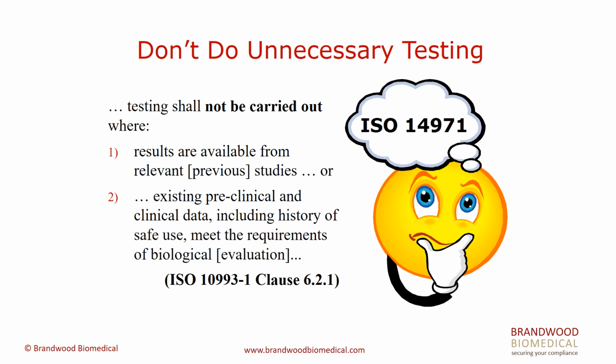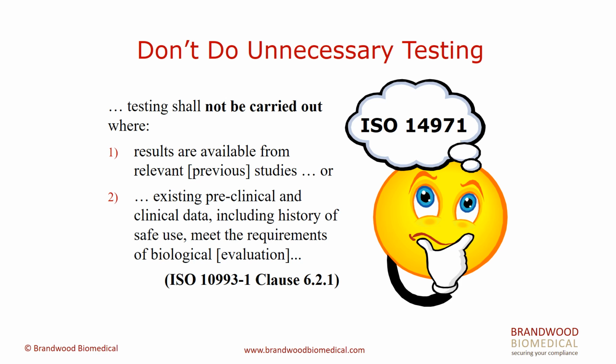The ISO standard Part 1 actually says testing shall not be carried out where you've got results from previous studies or there are existing preclinical or clinical data, including a history of safe use, which meet the requirements of biological evaluation. That's clause 6.2.1, and it's basically saying testing is not something that needs to be done every time. You need to look at the whole body of information. And what I want to look at today is how we do that and how we decide when we need to test or when we can use other information.